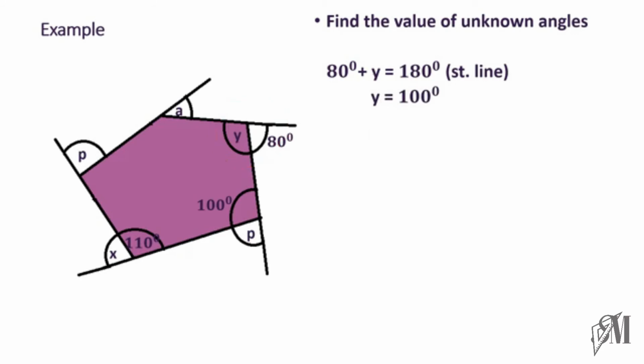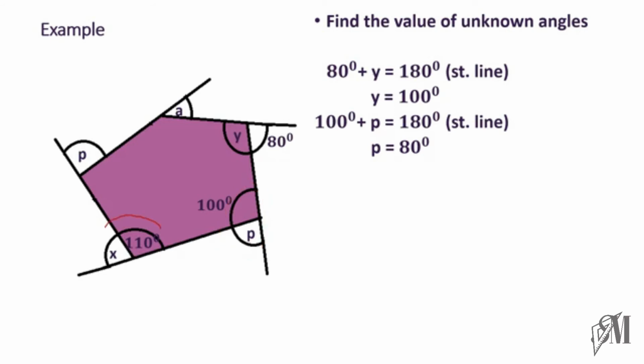So remember to write down the reason within brackets when you write any statement. Right. Next, I'm going to move on to this place. There again, the same theory. 100 plus P can be written as 180 degrees because it is a straight line. Then I can find out P to be 80 degrees. Fine. Then I am moving on to the next straight line.